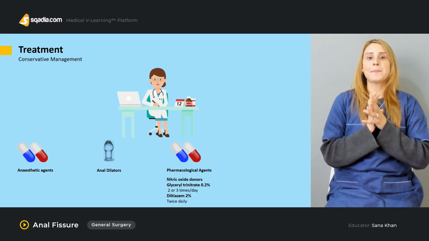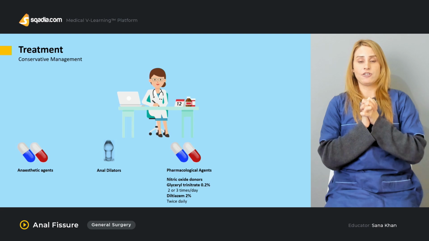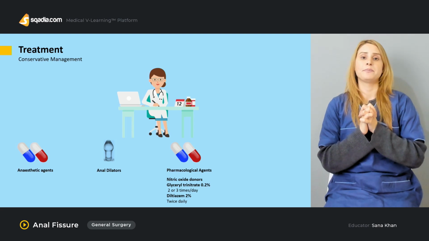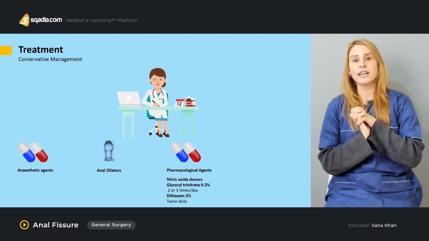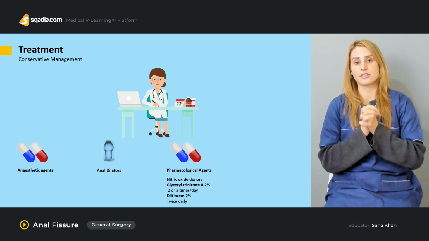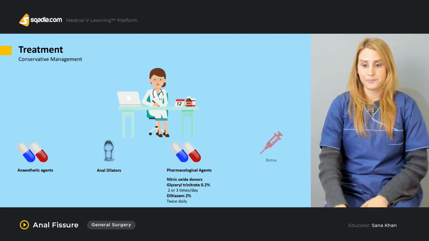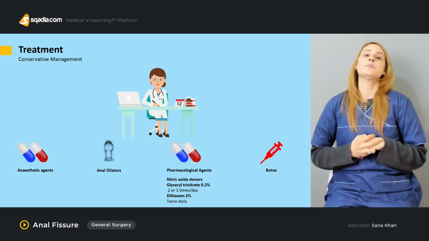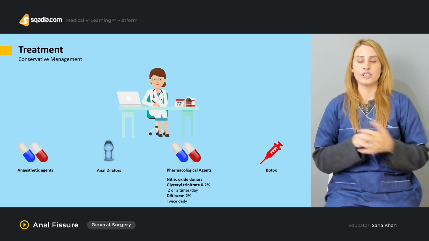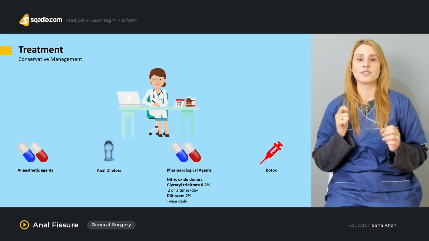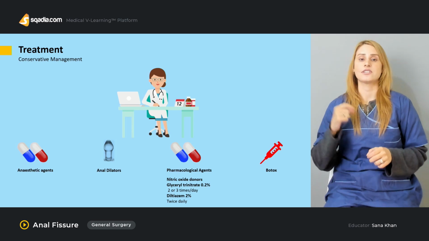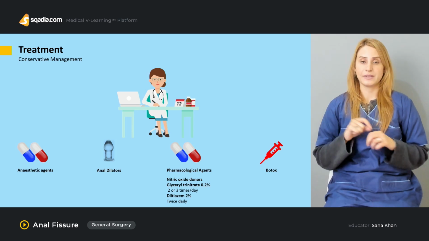Now, anal dilators were also used in the previous couple of centuries, but now their use is also limited. There's another important agent being used, which is the injection of botulinum toxin, Botox.